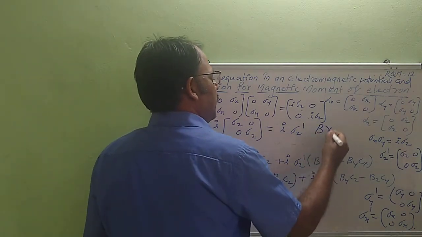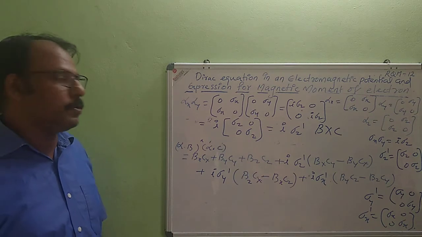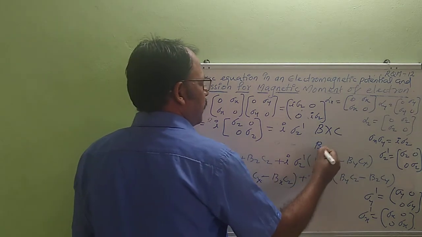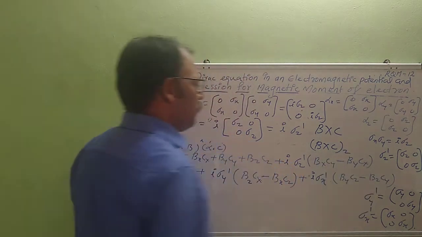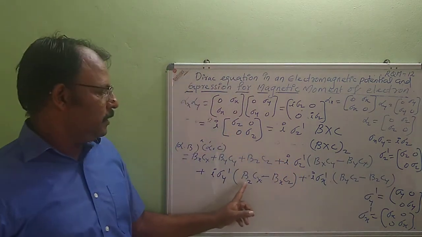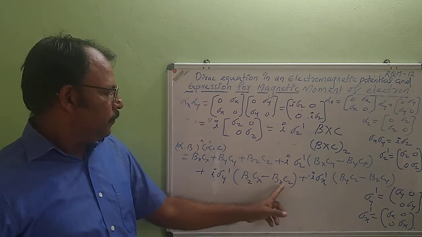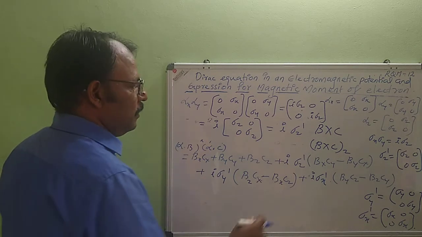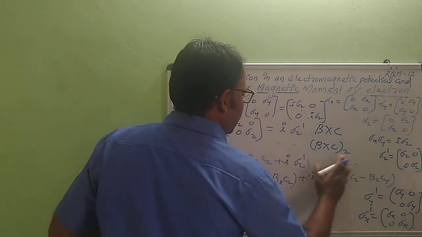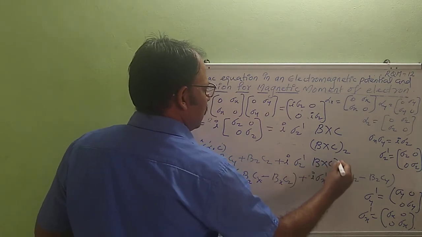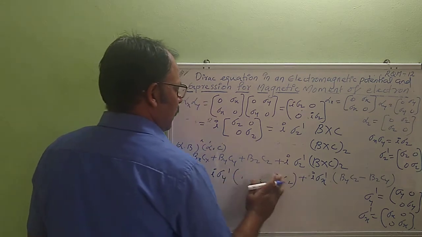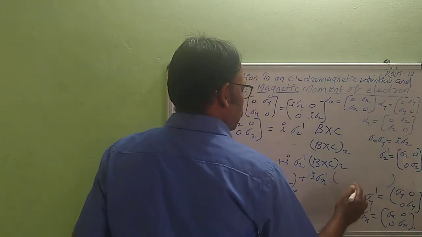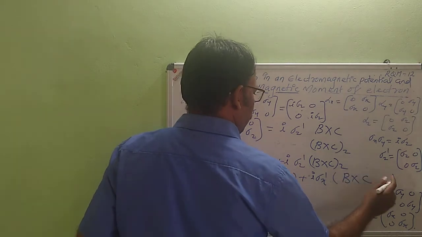So calculate B cross C. When you calculate B cross C, then Bx Cy minus By Cx will be the z component of B cross C. Bz Cx minus Bx Cz will be the y component of B cross C, and this one will be the x component of B cross C.